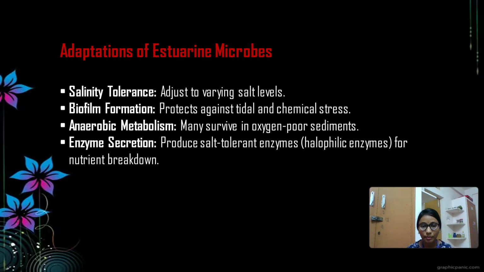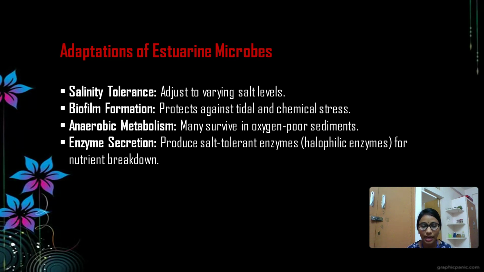Anaerobic metabolism: in estuaries there is a combination of salt water and fresh water, so many problems will occur. So they make many adaptations to tolerate all these situations, such as anaerobic metabolism.